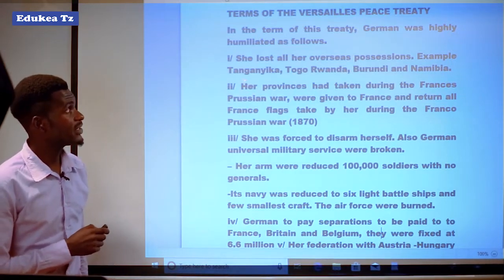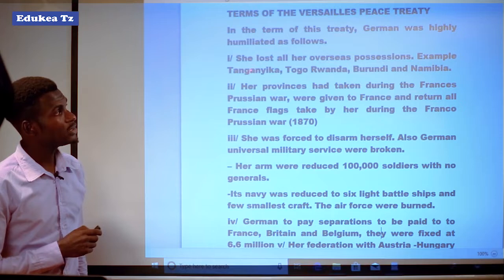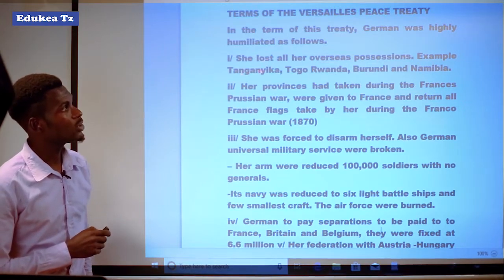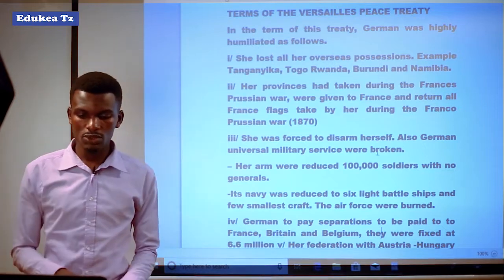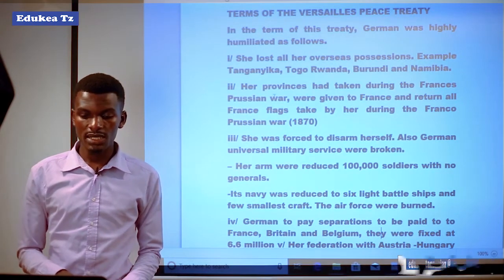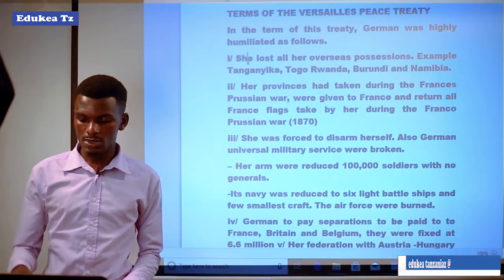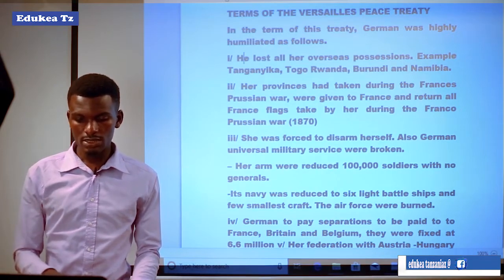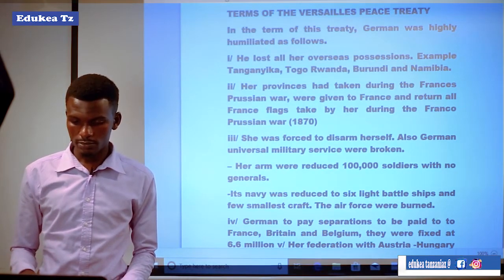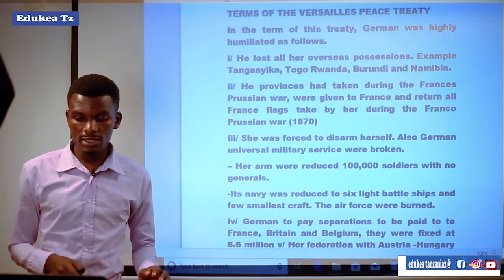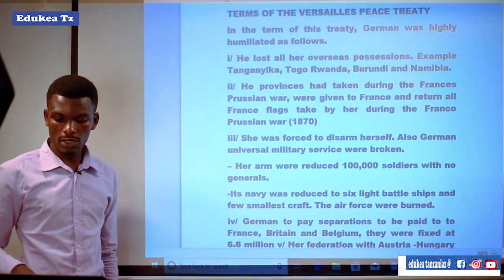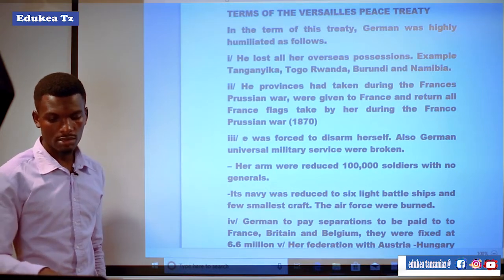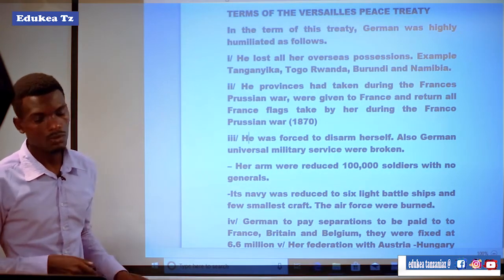The first term was that Germany lost all overseas possessions. Here Germany is referred to as "he" because it was regarded as the superpower, the country superior to all countries in the world.